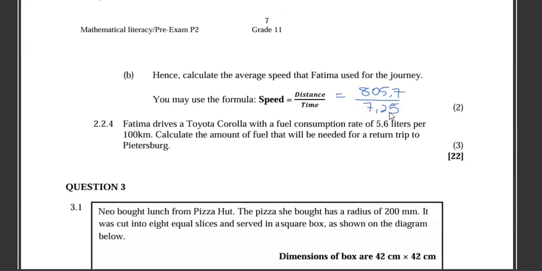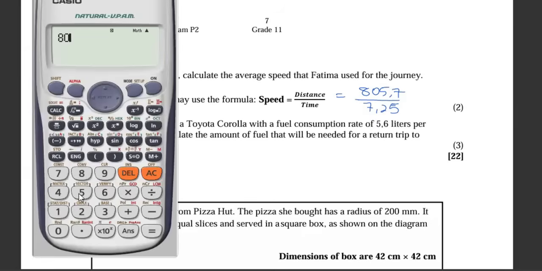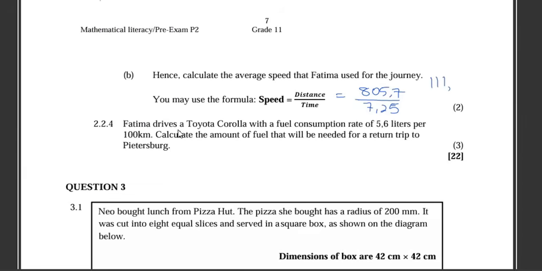Let's pick that and see what happens. So it's 805.7 divided by 7.25 equals 111.13. Don't forget these are kilometers per hour.